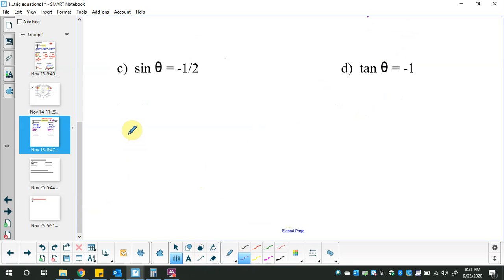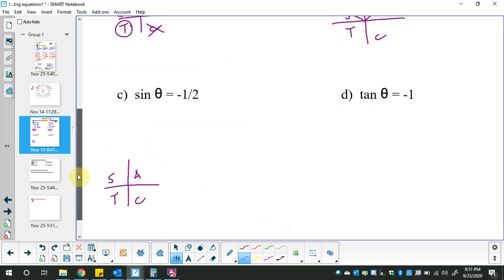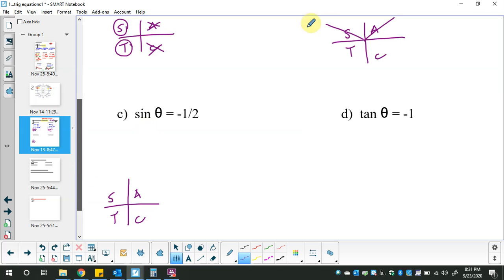The thing is, if sine was positive in these two, then it makes sense to me that it's negative in the other two. So I should be looking downstairs for places where you can find sine theta is equal to negative a half.